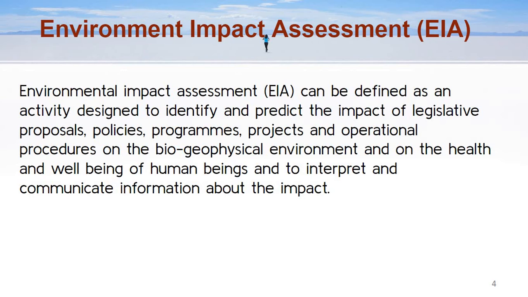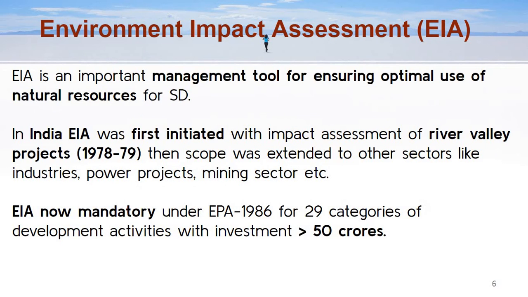So moving to EIA. What is EIA or Environment Impact Assessment? EIA can be defined as an activity designed to identify and predict the impact of legislative proposals, policies, programs, projects, and operational procedures on the bio-geophysical environment, on the health and well-being of human beings, and to interpret and communicate information about the impact.